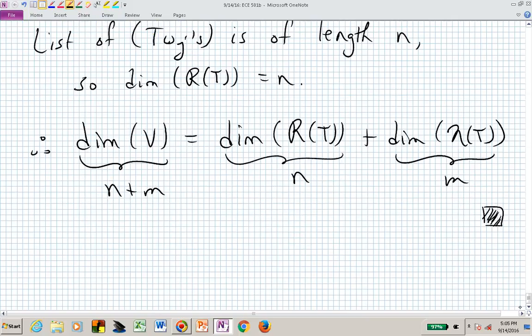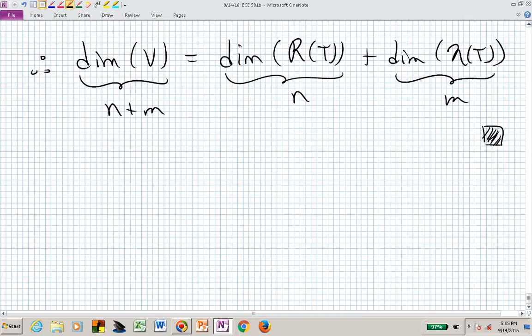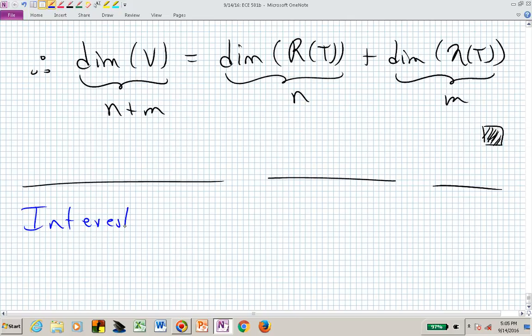Couldn't wait to draw that box. The end of the proof. We can actually make some interesting corollaries, or consequences, once we have this relationship, this fundamental theorem of linear maps.